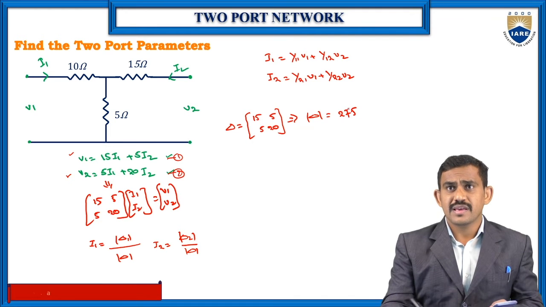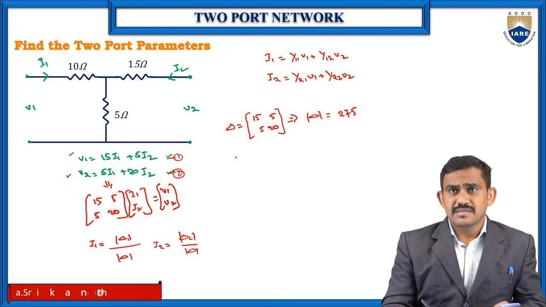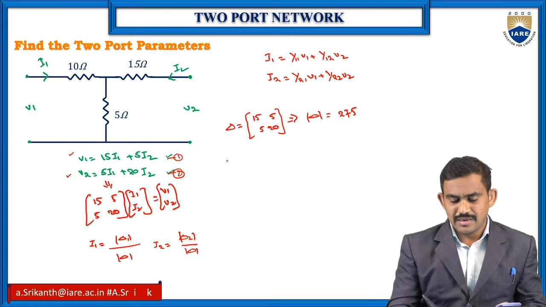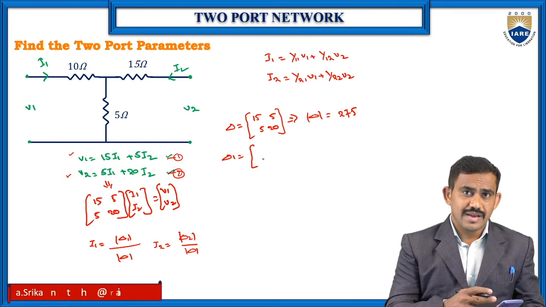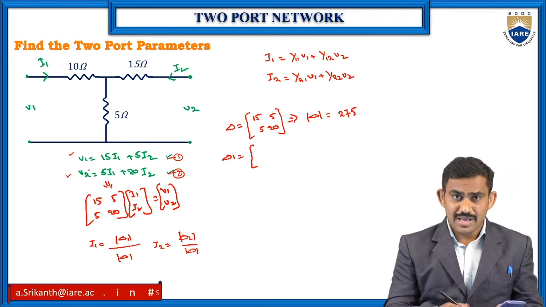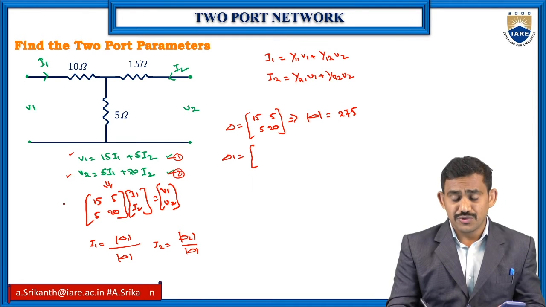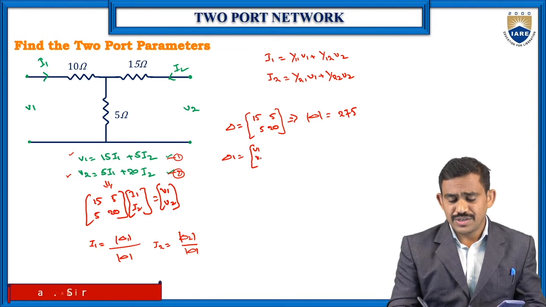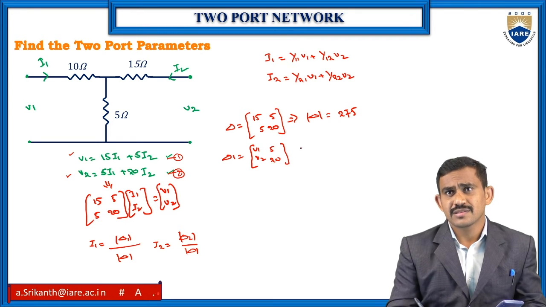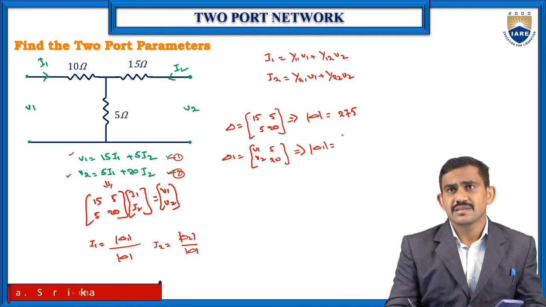The value is 275. Okay, and first delta 1. For the I1 current, where you have the I1 column, remove it and substitute the equal-to values, that is V1, V2. The remaining 5 and 20 stay as is. So delta 1 is 20 V1 minus 5 V2.